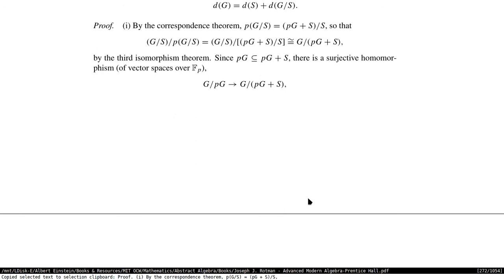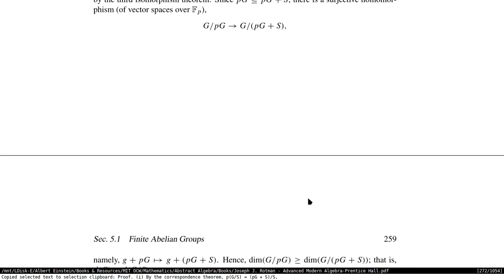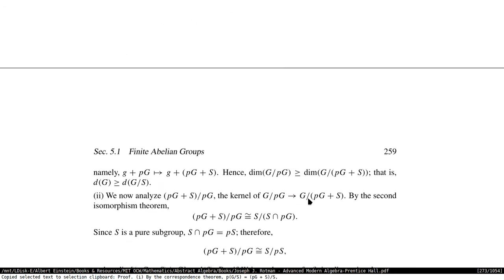That's the one that looks like HK mod H intersect K is the same as something mod something else. There it is, like H plus K mod H is the same as the big group mod H intersect K, or something weird like that. Okay. Yep. I'll admit I took this one on faith and moved on to the basis theorem.